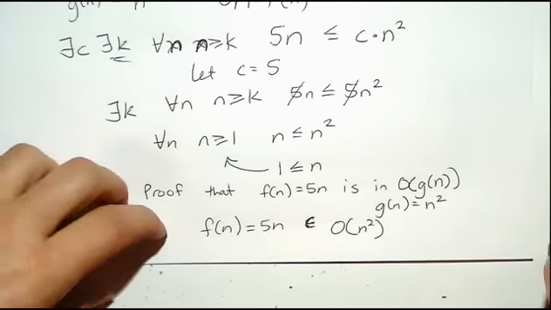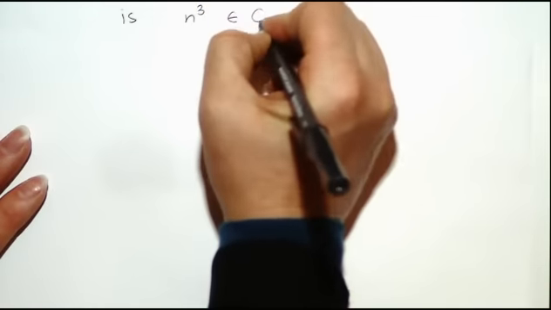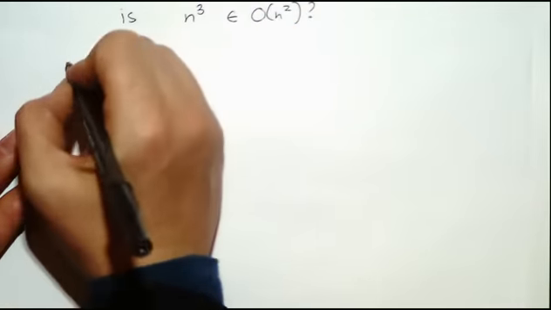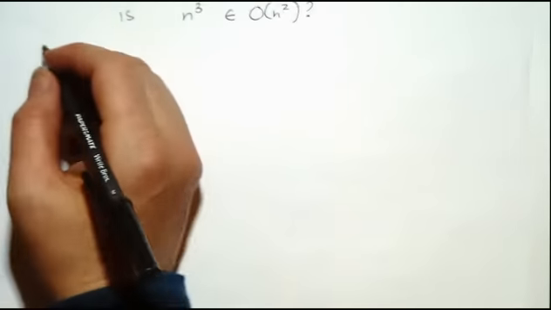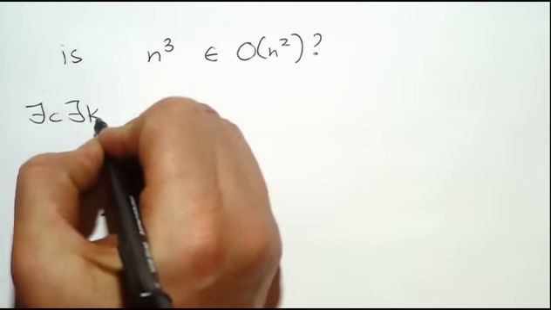Okay, let's see if n cubed could be in big O of n squared. If it was, this is what I'd have to prove. What I would have to prove is that there are two constants, c and k.